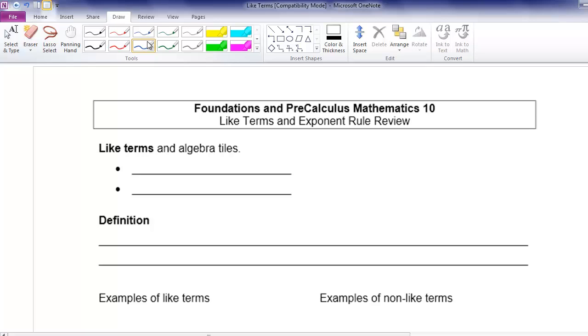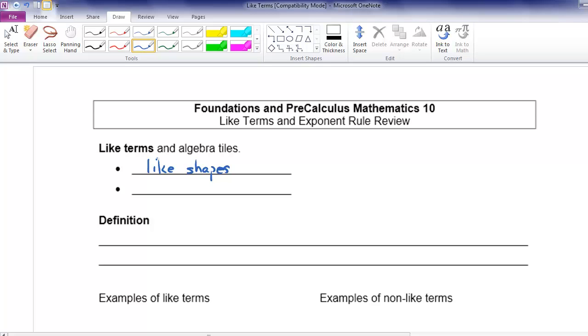So, like terms and algebra tiles. When we talked about algebra tiles, we had like shapes. So, in adding and subtracting with our algebra tiles, what we could do is combine the big squares, combine the little squares, and combine the rectangles, but we couldn't combine them in between.